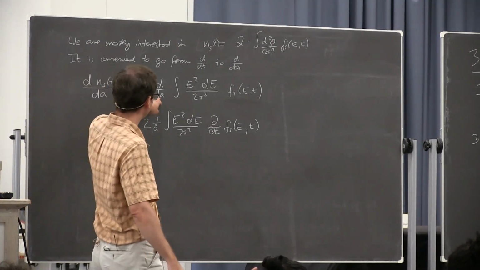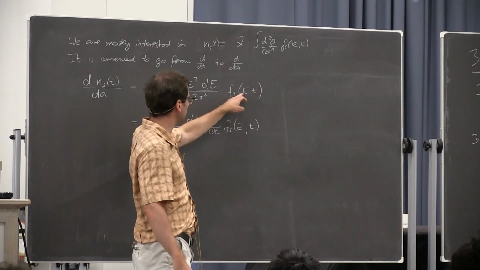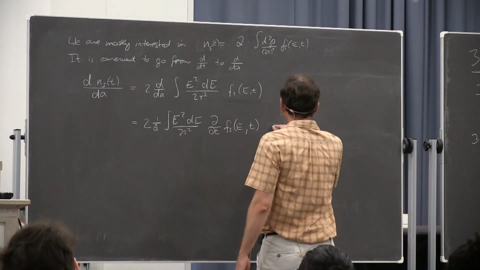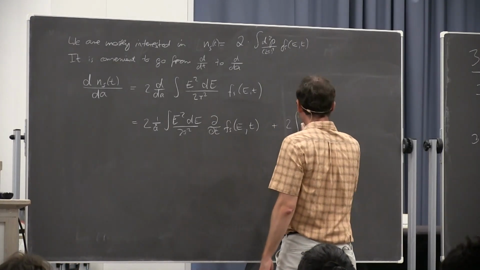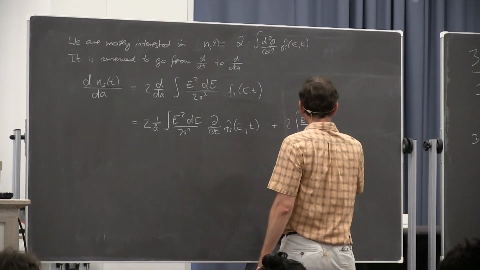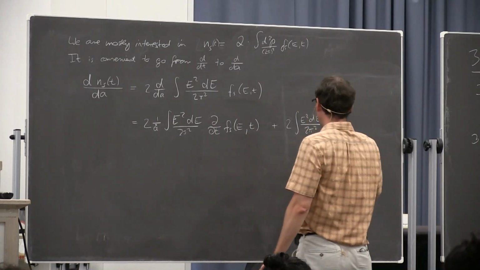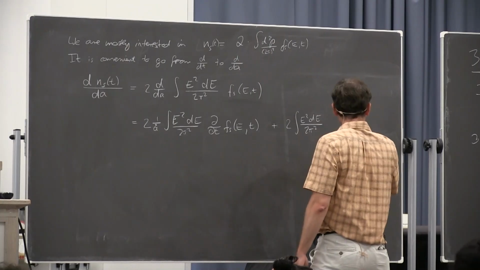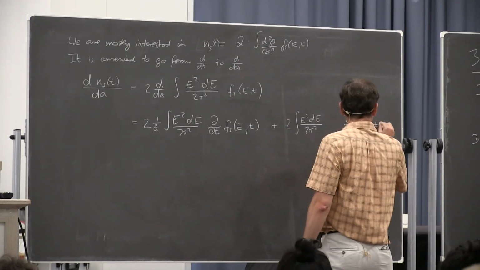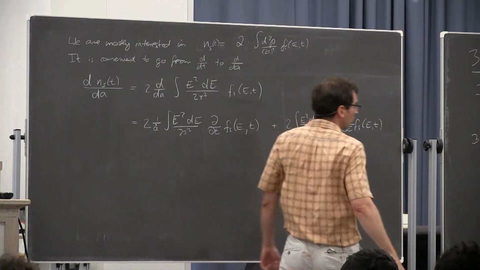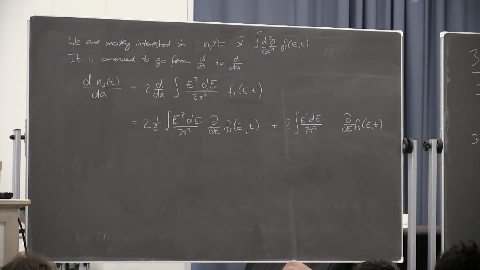Then the second term is the one where the derivative d over dA acts on the energy appearing inside the argument of the fs. So plus 2 times the integral e squared dE over 2 pi square times d over dE fs of e comma t. And what I now still need is a dE over dA. And that is something I have in a sense already derived here.